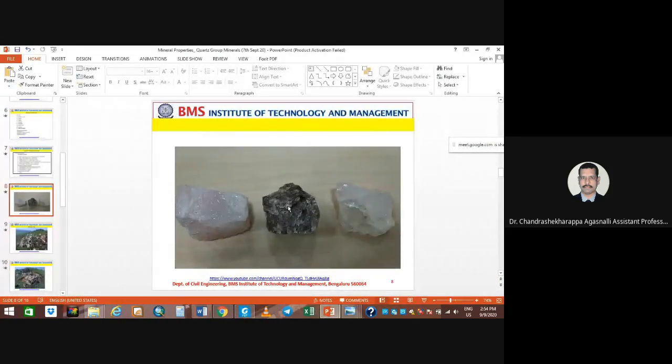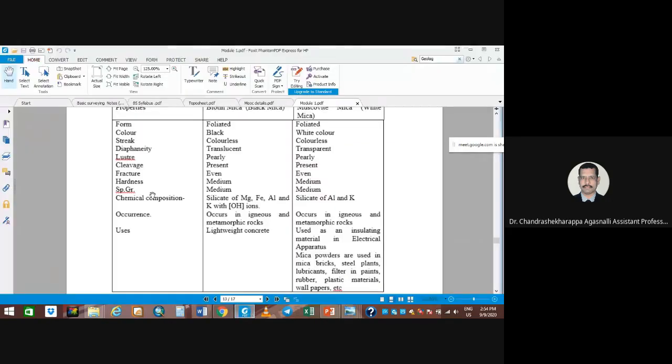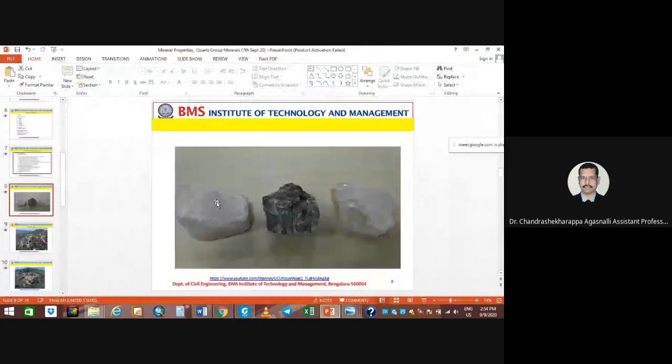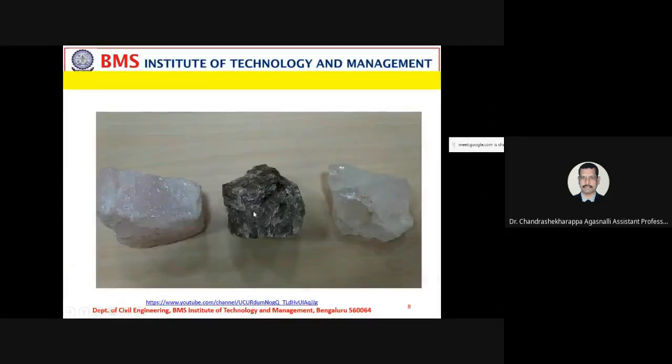This is one mineral, this is one, like this. There are three minerals mainly in the quartz group of minerals. Okay, and when you go to the next, luster, how it looks, vitreous, shining. Yes, of course, almost all, these two are shining, but this middle one is not shining, it's a dull luster. It looks dull, that's why we call it a dull luster here.